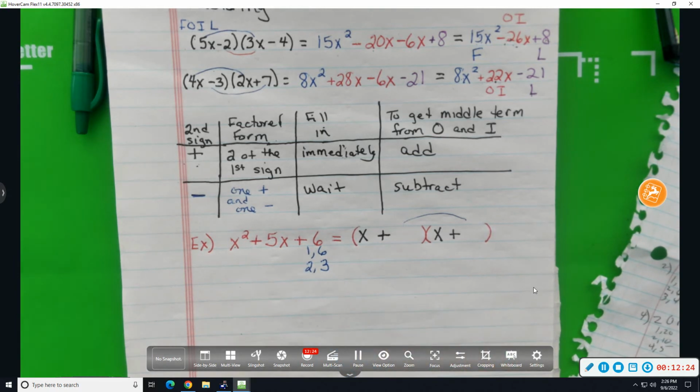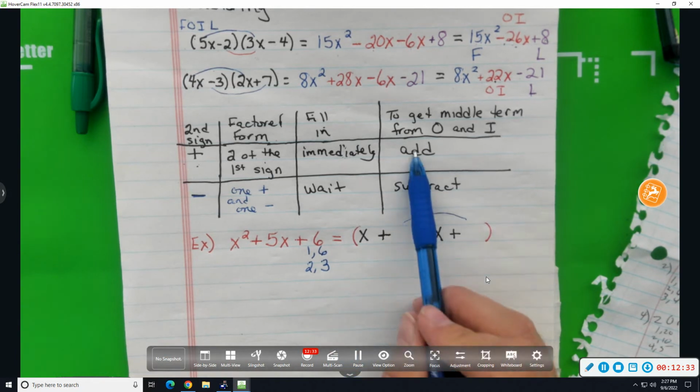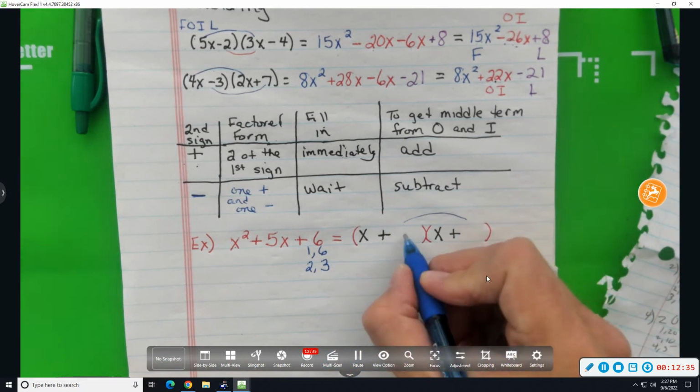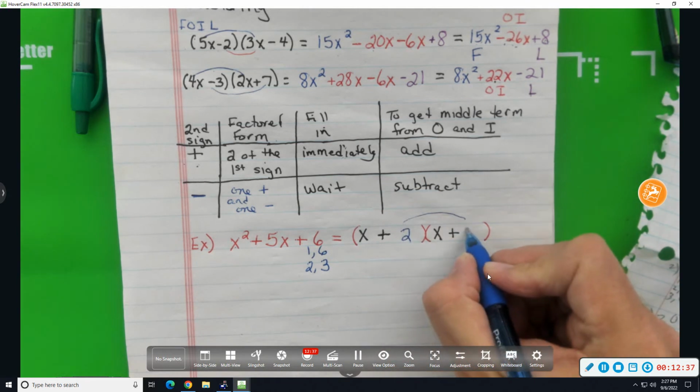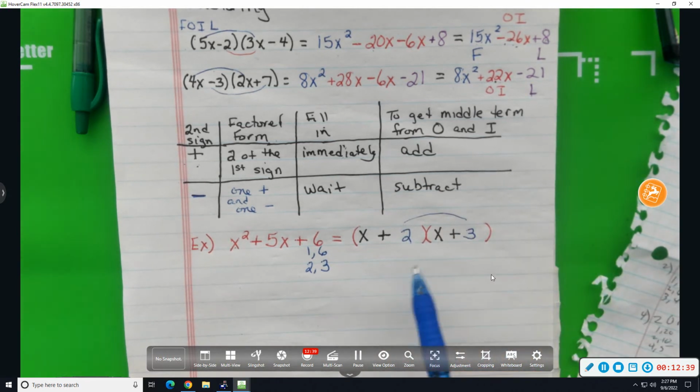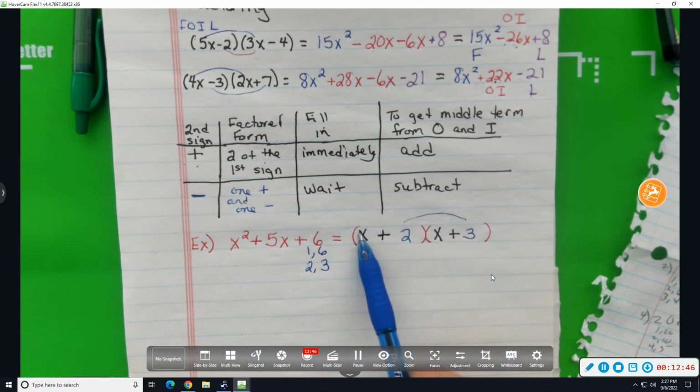This is trial and error. What do y'all think I should try? A 1 and a 6 or a 2 and a 3? 2 and 3. If we FOIL this out now, are we going to wind up with what I have here? Well, we know for a fact we got an x squared.